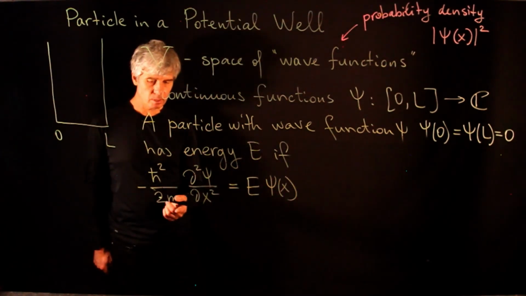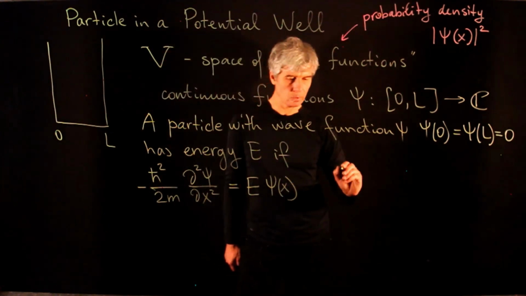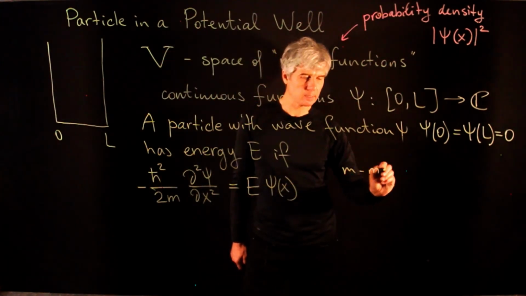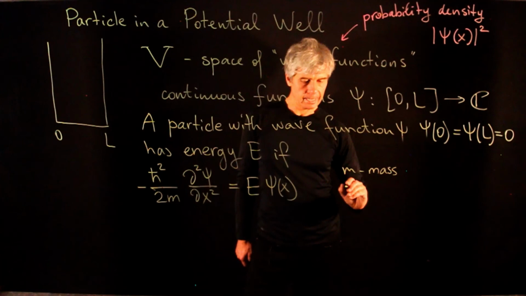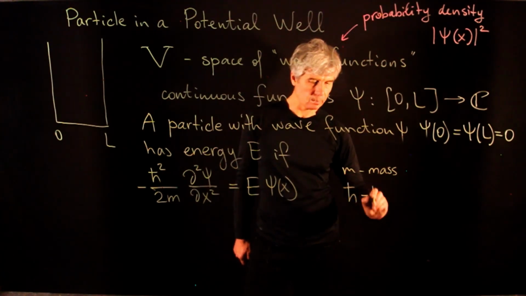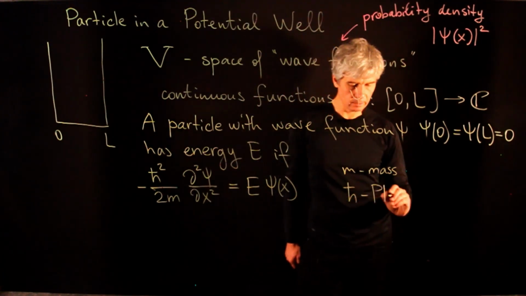Here m is the mass of the particle, and h is the Planck constant.